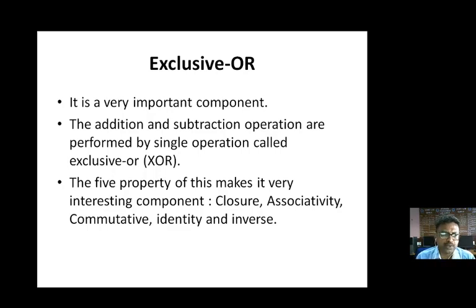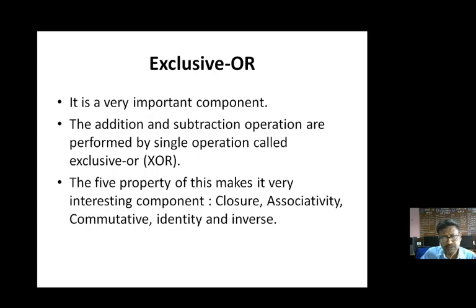The first property is the closure property. The closure property means that the result of any exclusive OR operation of two n-bit words will also be an n-bit word. As far as associativity is concerned, exclusive OR also holds the property of associativity.